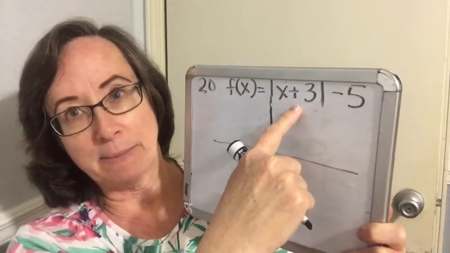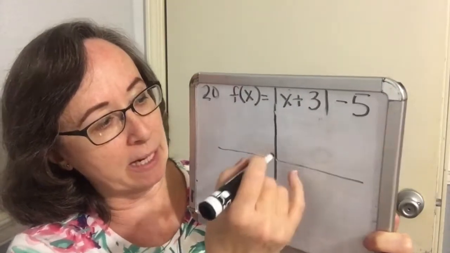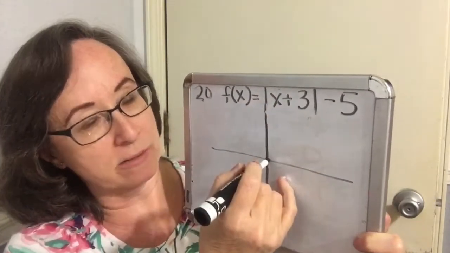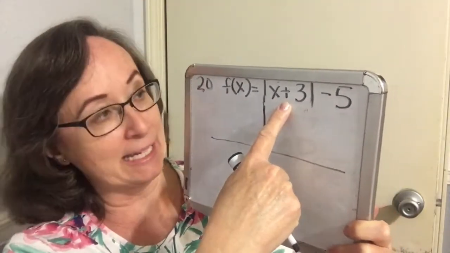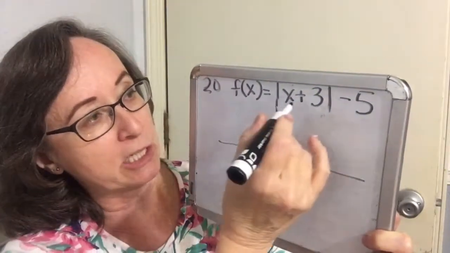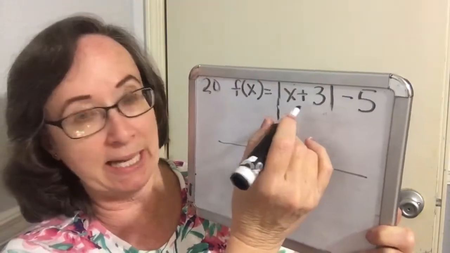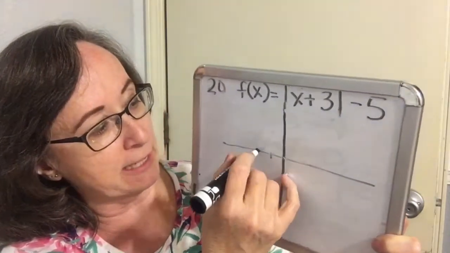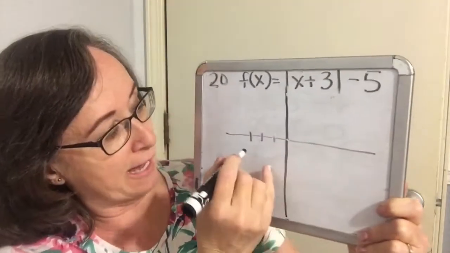And the absolute value of x would be right here, and it would be going up at 45-degree angles, but this is a -3 shift. So basically, we're going to shift this to where it would equal 0, which would be -3. So it's going to shift left 3, and it's going to shift down 5.